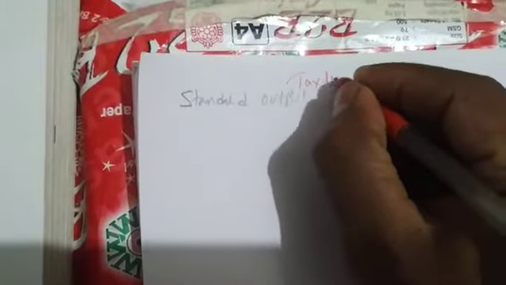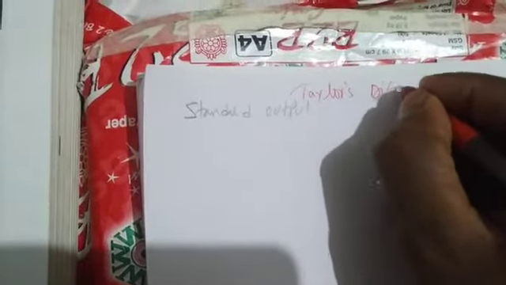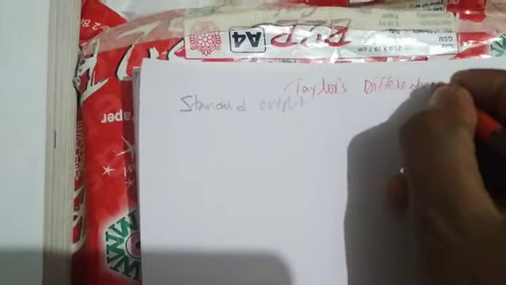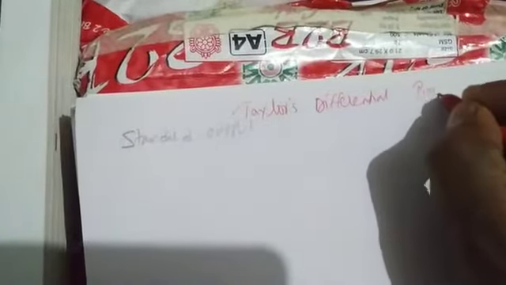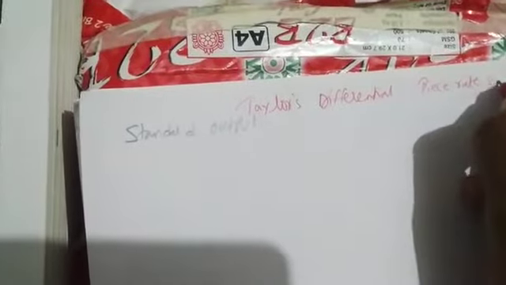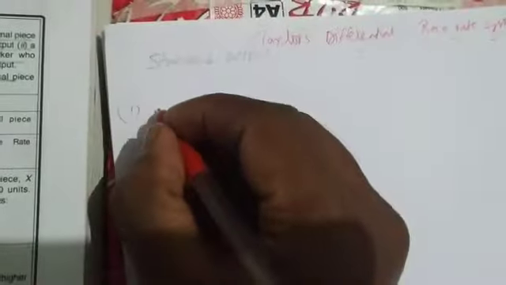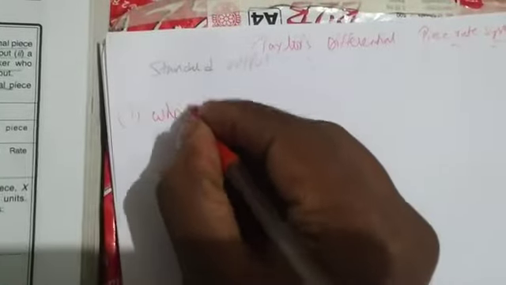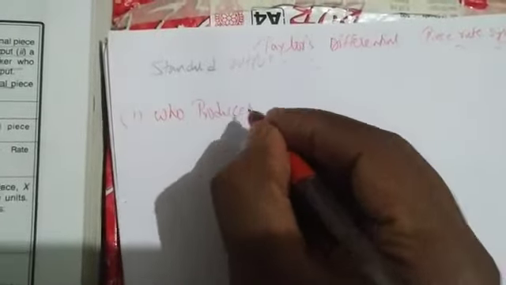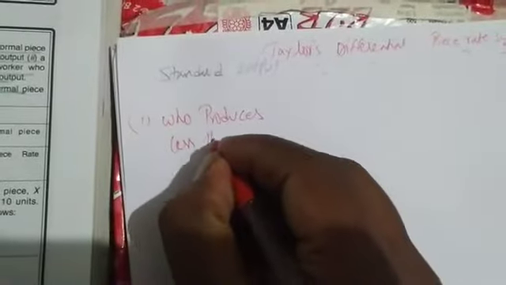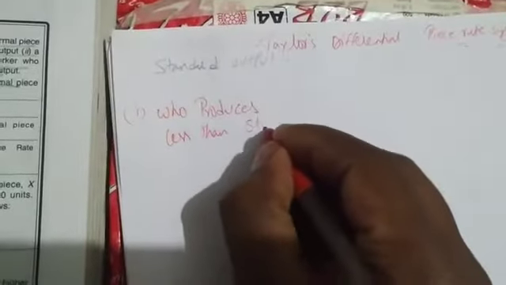So let me write here: Taylor's differential piece rate system. What does it say? Roman number 1: who produces less than standard output?